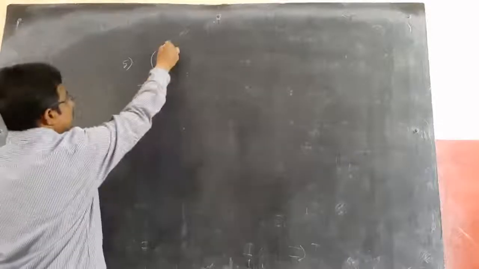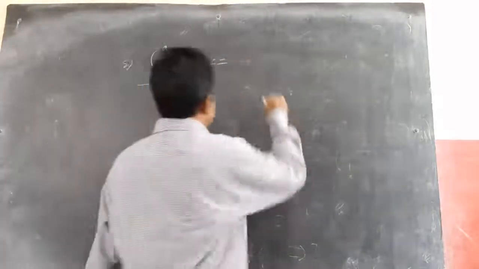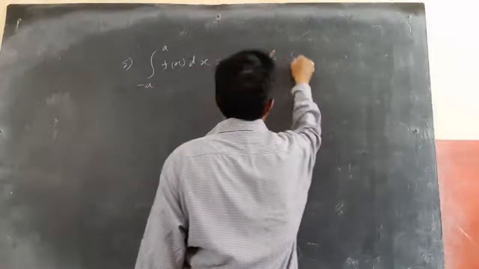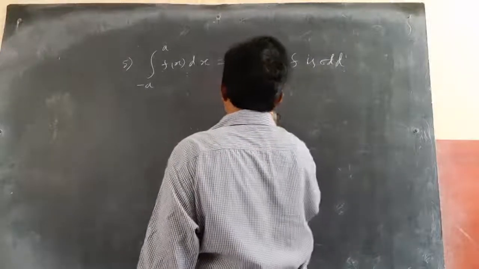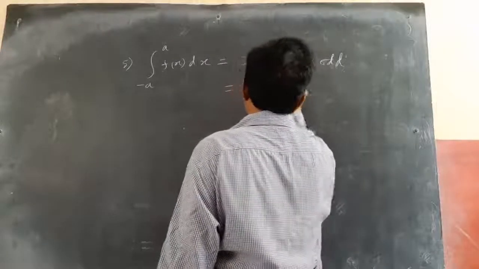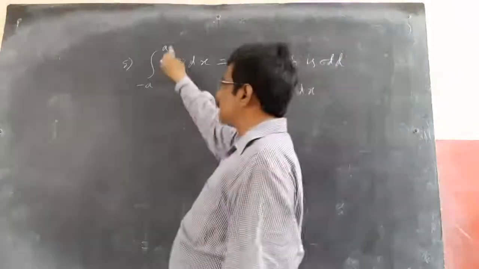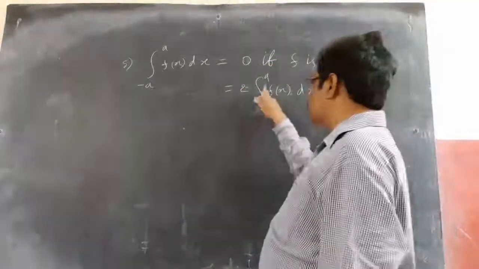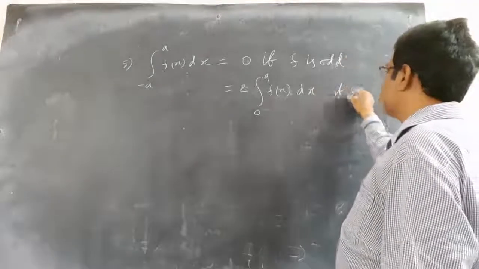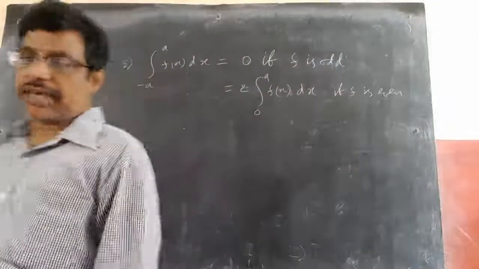Integral of minus a to plus a f x dx equal to 0 if f is odd, and equal to 2 into integral of 0 to a f x dx if f is even. We already discussed what is an even function and what is an odd function in functions in first year.